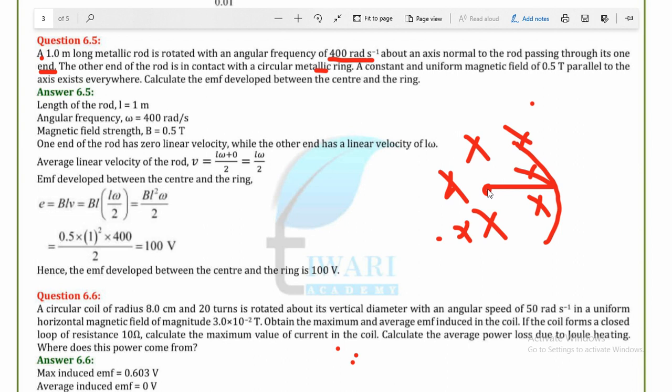Okay, so in this case, this point is always in rest and this one is in motion. If length of this rod is L, then the radius of the circular track is also taken as L. It means you can take R is equal to L here.